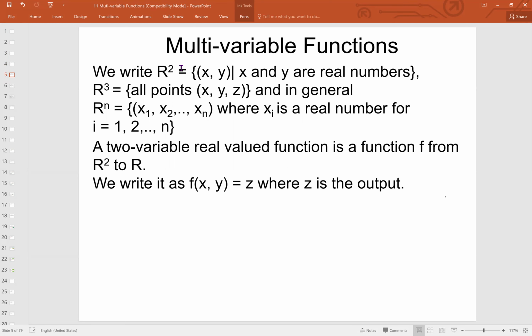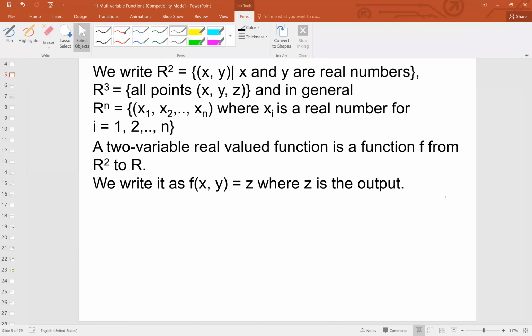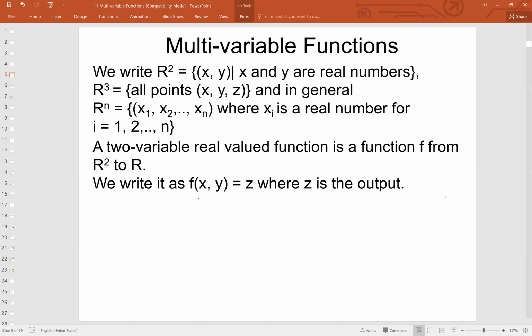Mathematics is that. A two-variable real function means you take a point in two-dimensional space and assign that to an output.